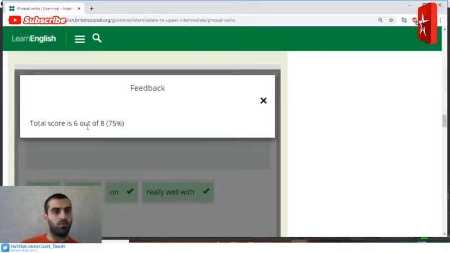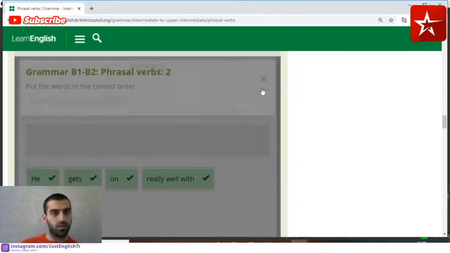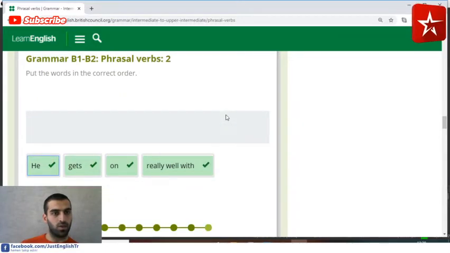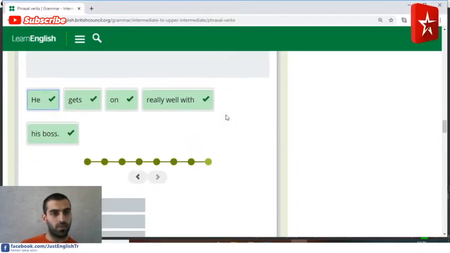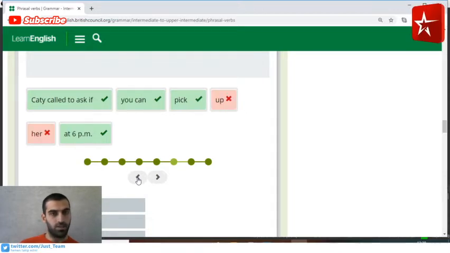And wow, we have 2 mistakes, which means we need to see which sentences are correct and which ones are wrong. Look at here, this one is correct. Okay, this one is correct as well. All right, and this one, look at the position of up and her, like pick her up.